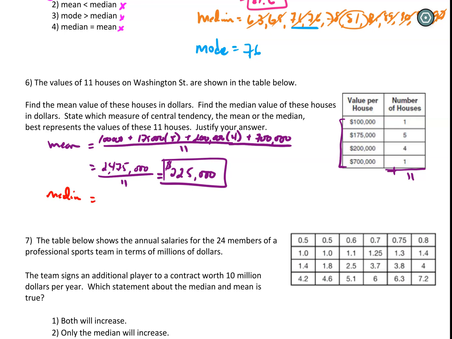equals, again, I've got to go through here and count all of them. So I'm just going to abbreviate each. So I got 100, I've got 175 5 times. I got the 200 4 times, and then the 700 for that one.